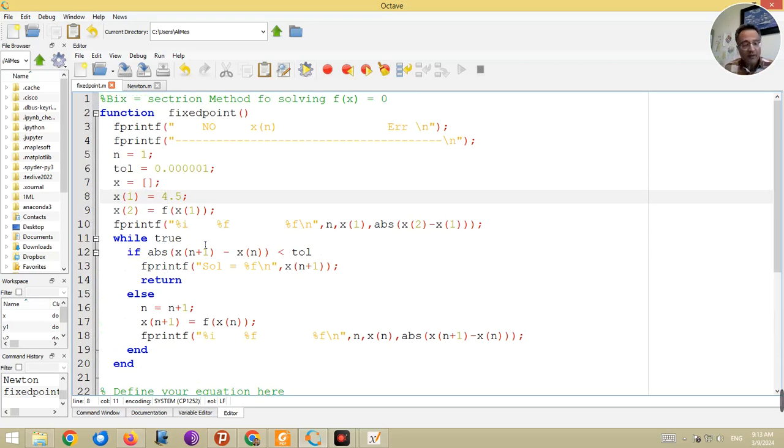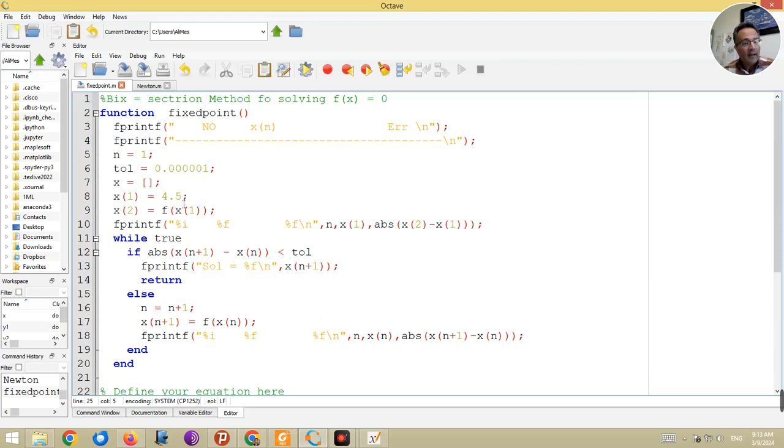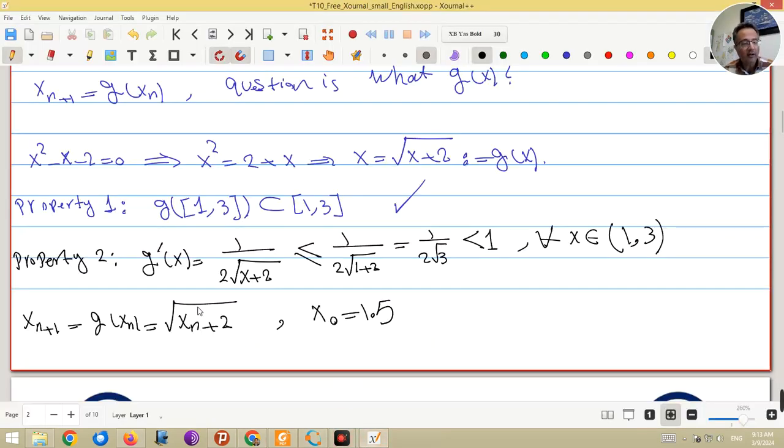Now, if we define g of x like this, square root of x plus 2, and I start, for example, with 1.5, something between 1 and 3, and I run the program, I can find the solution in 11 iterations and it converges to 2. And in fact, this function that I found here works for the fixed point method. This is the first example.